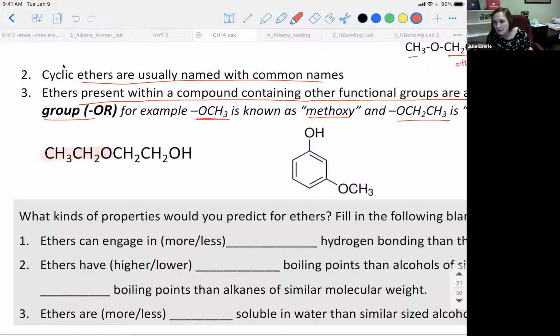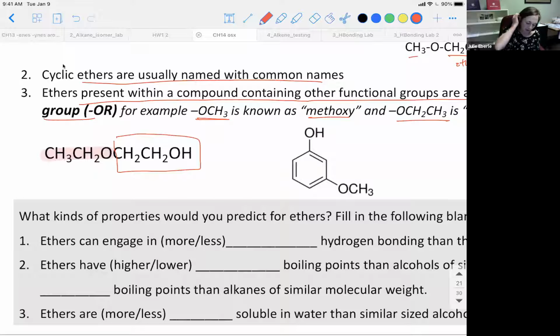We're going to consider this as an ethoxy substituent. So if we ignore the ethoxy for a minute, how do we name this? We're just trying to name this right now. This is the first molecule we looked at today. Ethanol, right? It's an alcohol. 2 carbons. With alcohol, it's ethanol.